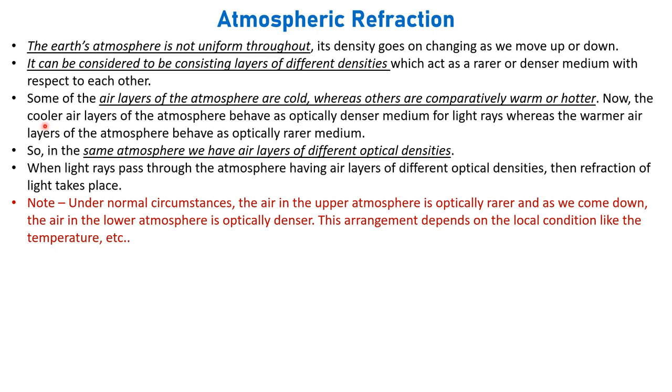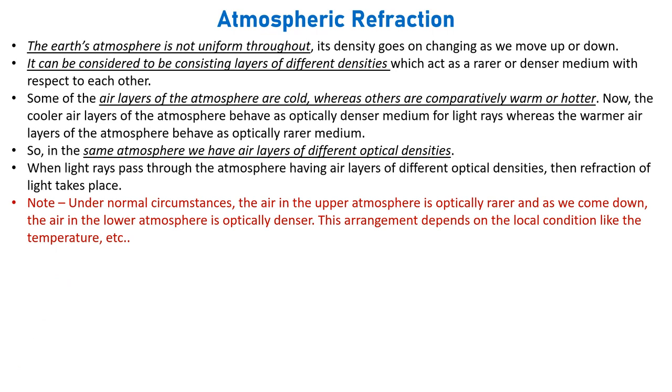Now, the colder air layer of the atmosphere behaves like an optically denser medium for light rays, whereas the warmer air layer of the atmosphere behaves like an optically rarer medium, right? Now, what about the position of the air layer which is denser?